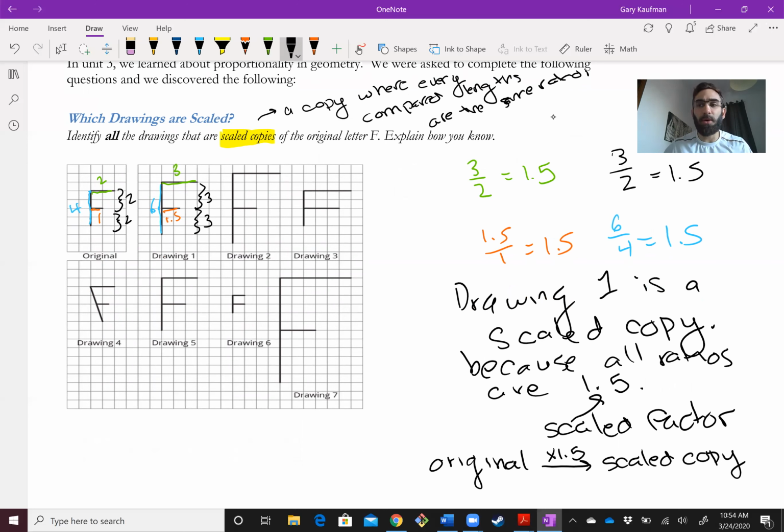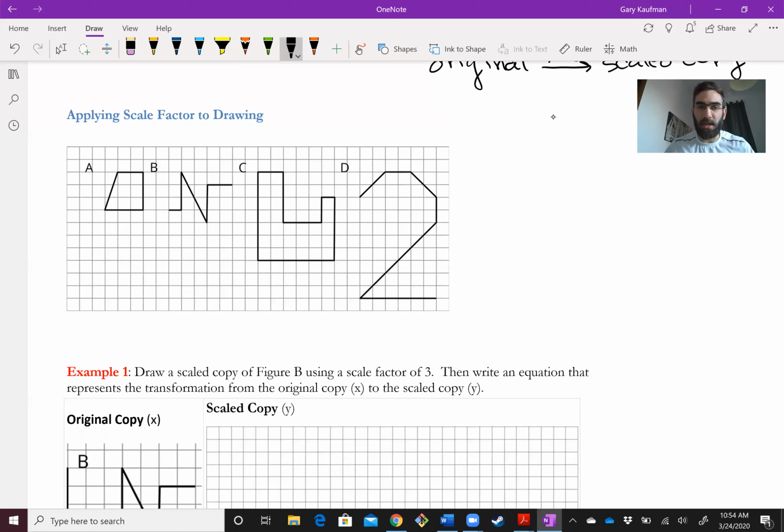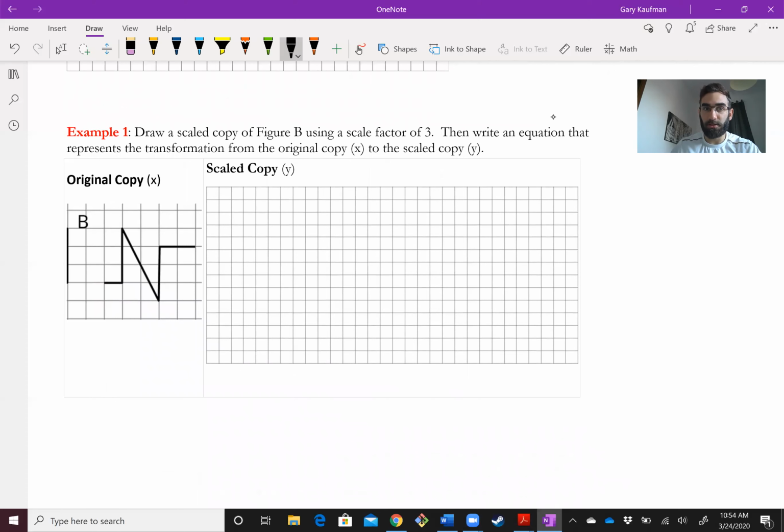So let's see what we remember about scaled copies. One of the questions we were asked in that same lesson was to use these drawings. So I'm going to do an example first. We're going to draw a scaled copy of figure B using a scale factor of 3. To make it so that you could interact with this, I'm going to quickly highlight some of these sides in different colors so that I can ask you questions about the side lengths that are labeled.